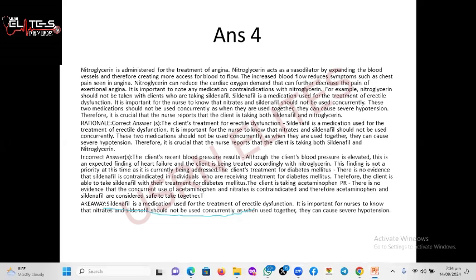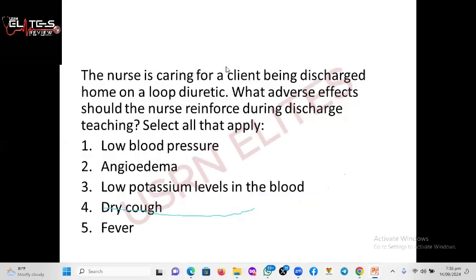They are both vasodilators, and so you can't give two vasodilators at the same time. Whenever you are reading your pharmacology and you come across sildenafil, it is the most common one you see, but they mostly end with "nafil". When you see them, you know they are mostly used for erectile dysfunction, and you can't use them together with nitroglycerin. So you need to make a follow-up on that. That is just one question I wanted to go through.